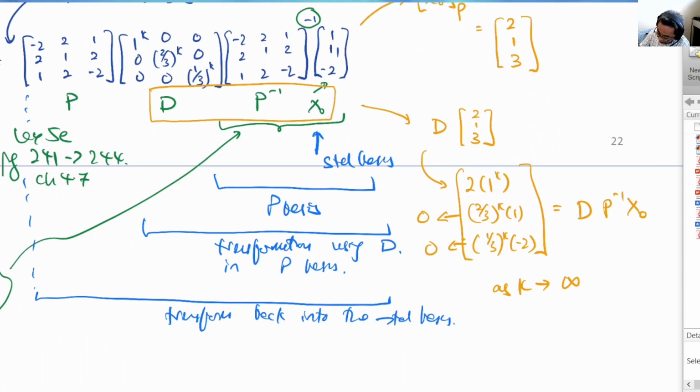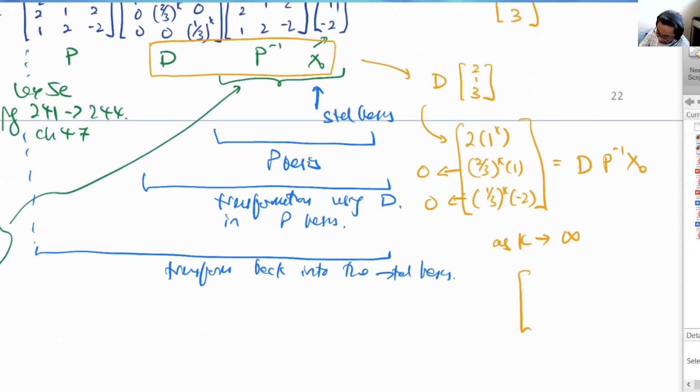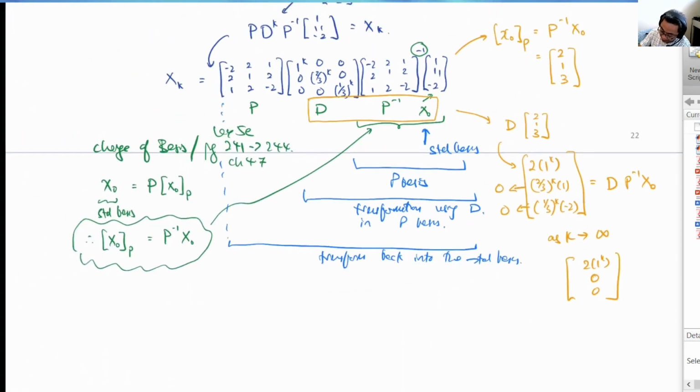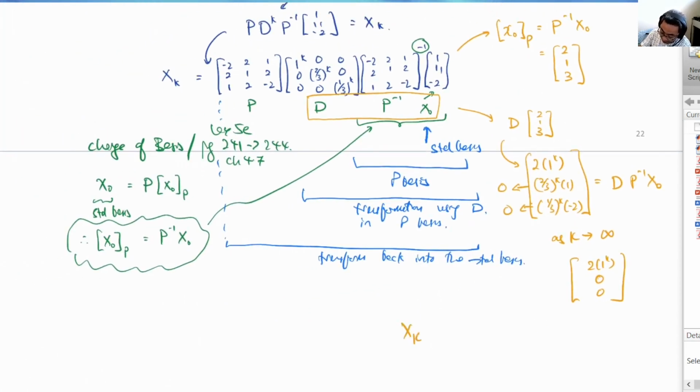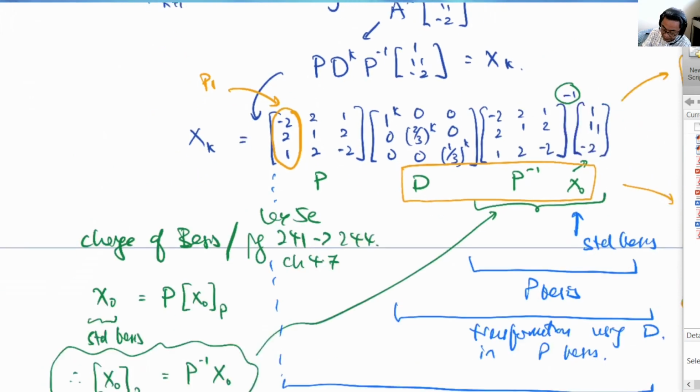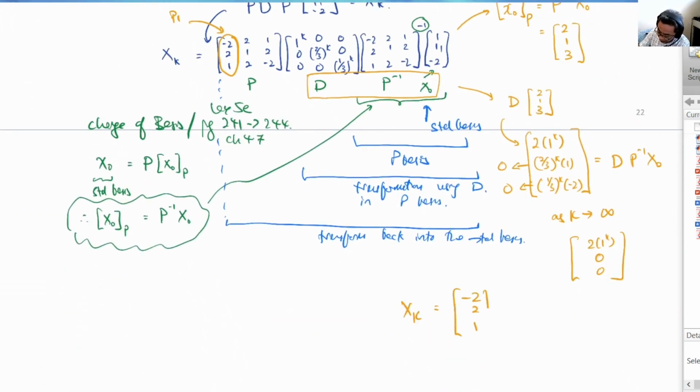So it leaves us with this value here: 2 times 1^k, and the others are all 0, and therefore the final answer is x of k equals minus 2, 2, 1, which is simply the first column, the first eigenvector, multiplied by 2 times 1^k. Okay, and k doesn't matter as k tends to infinity because it's 1 to the power of k. Alright, I think that's the answer.